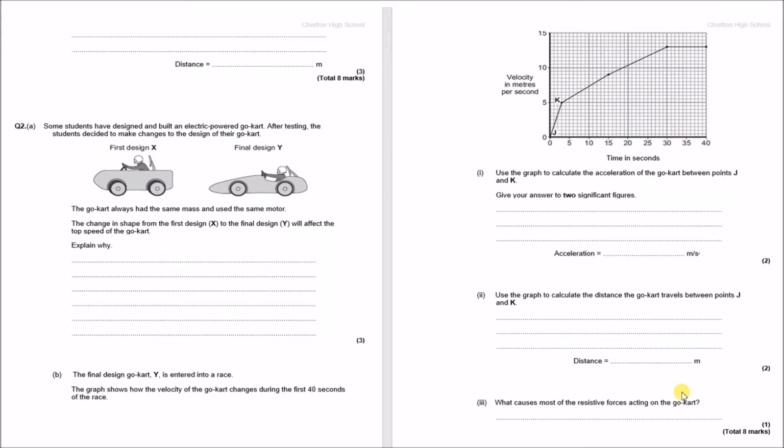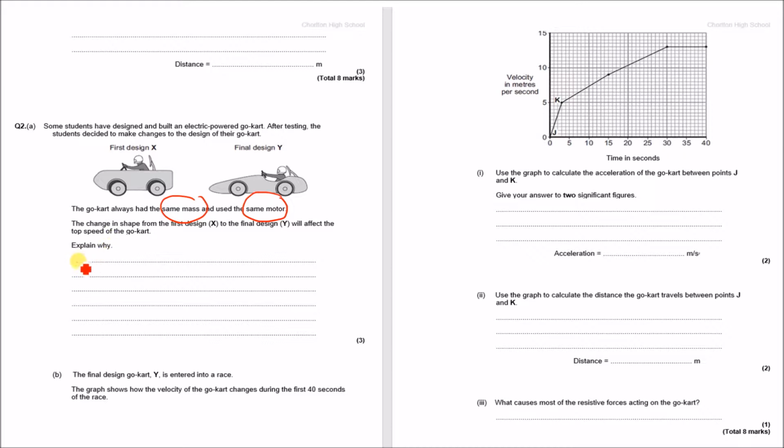So the next question is about aerodynamics. It says the go-kart always had the same mass and used the same motor. The change in shape from the design X to the final design Y will affect the top speed of the go-kart. So we know that the mass is the same and they use the same force, so we're not going to talk about mass and force, but we do want to know about the top speed.